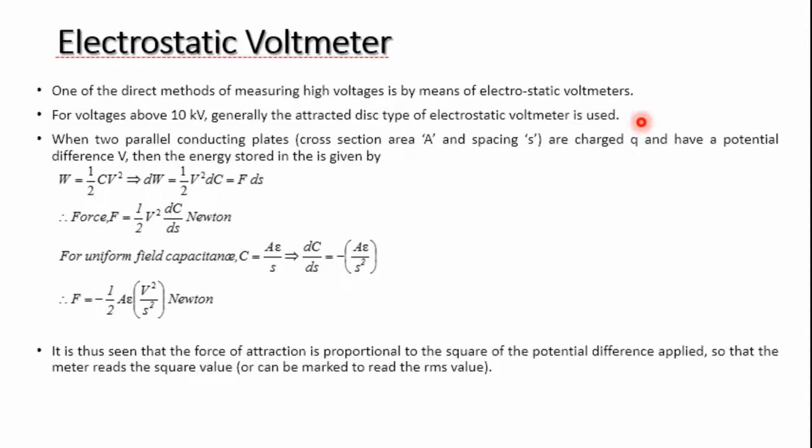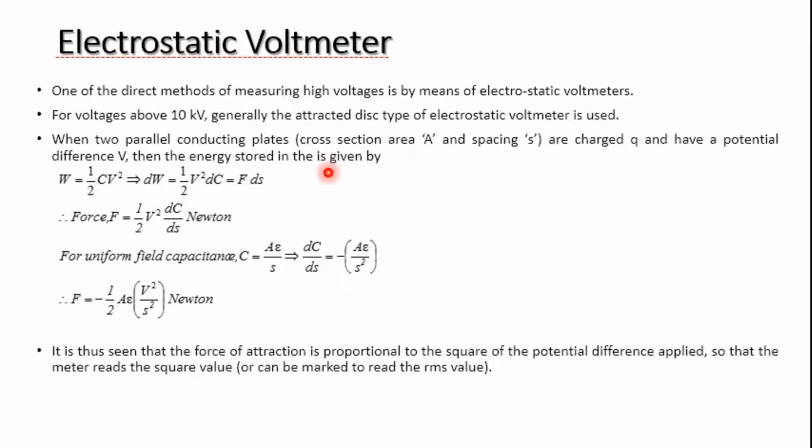So this works on the electrostatic principle. When two parallel conducting plates having cross section A and spacing S, or you can call it D, the distance between the two electrodes, are charged with charge Q and have potential difference V, then the energy stored is given by the following.